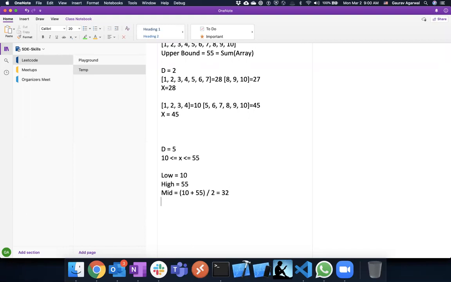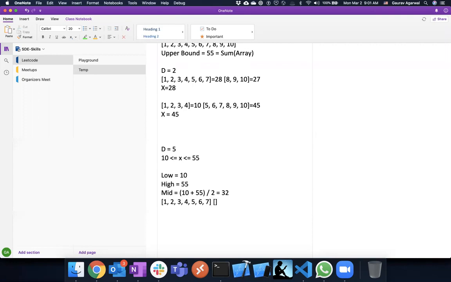We are starting with 32, and then we will see how we can adjust. So in this case, if we have a capacity of 32, let's start putting the elements: 1, 2, 3, 4, 5, 15, 6, 21, 7, 28. Okay, we cannot put 8 because it will be more than 32.